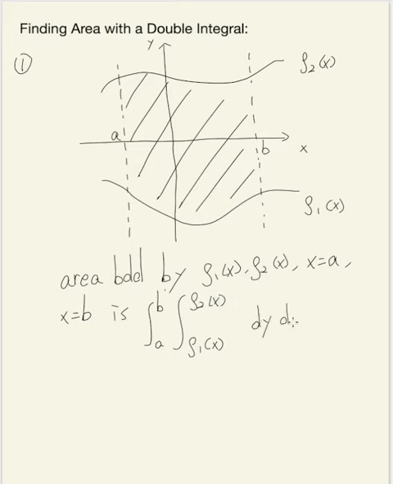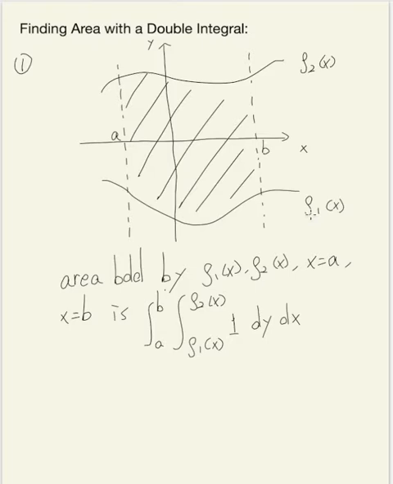So the integrand is just 1. It's just 1, or we can neglect the 1. The 1 doesn't have to be written out explicitly. All right, so this is the area bounded by these two curves.